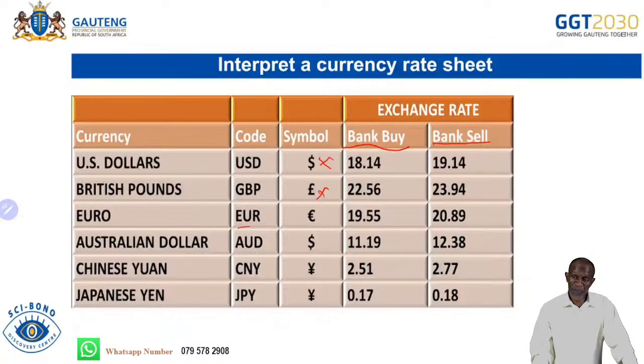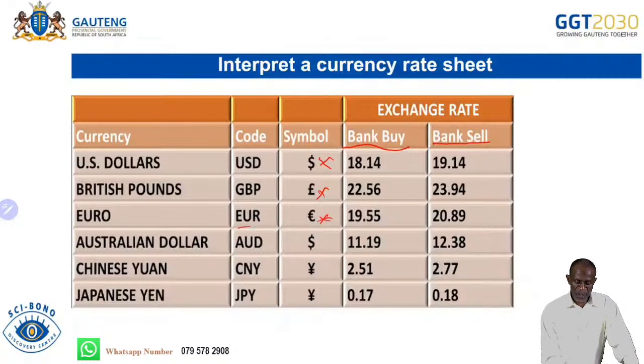Unlike that of other countries that we have alluded to before, the euro represents the continent; it is the money used in different countries located in Europe, such as France, Italy, Germany, and the Netherlands, which use the euro as a common currency. And here is the symbol, and here are the buying and selling rates in exchange for the South African rand.